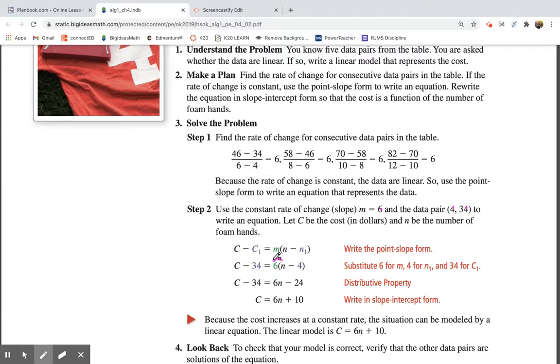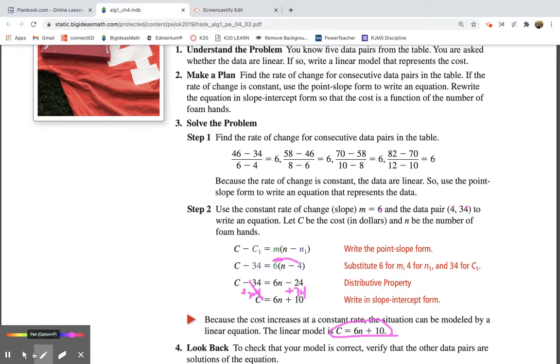So you distribute your 6 to the N. C minus 34 equals 6N minus 6 times 4 is 24. Then you add that 34 across. When you add that, it's negative 24 plus 34, which is positive 10. So that cancels, and we get C equals 6N plus 10. So it does represent a linear function or equation, and this is that model.